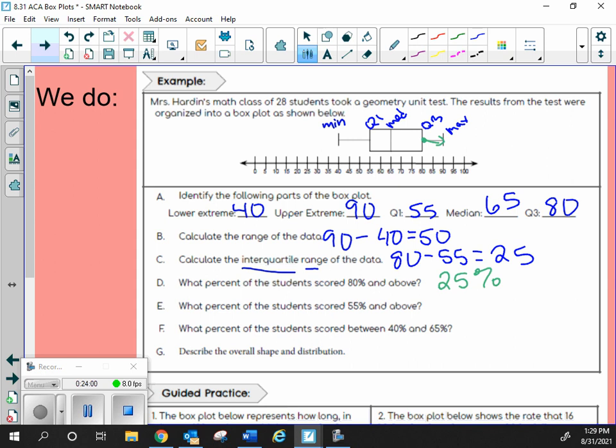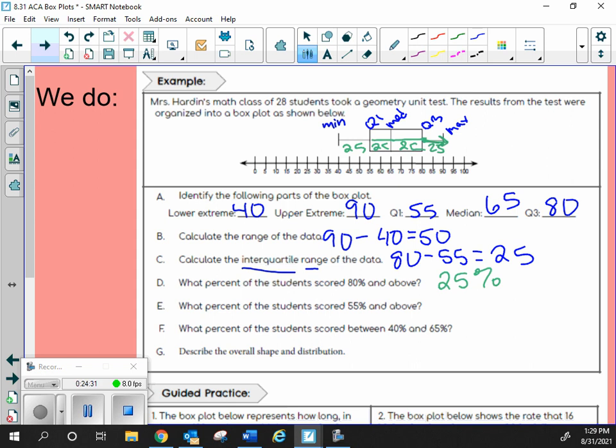From Q3 to the maximum, that marks 75% to 100%, so 25 total percent. Remember, each part marks how much? This marks 25, this marks 25, this one marks 25, and this one marks 25. Even if it's bigger or smaller, it's always 25%.